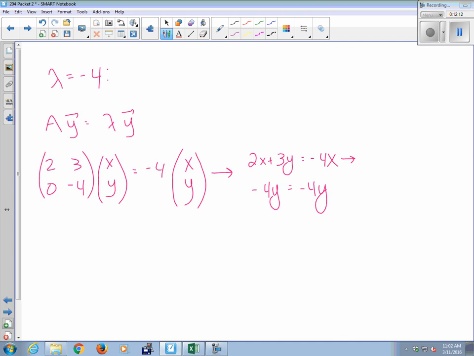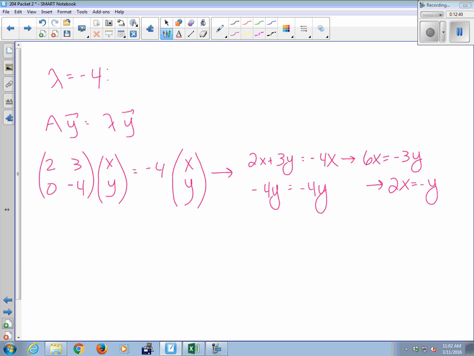If I solve it, I would get 6x equals negative 3y, or 2x equals negative y. Something like that. So any x and y that makes that true will be good. The second equation tells me nothing, because any y would make that true.